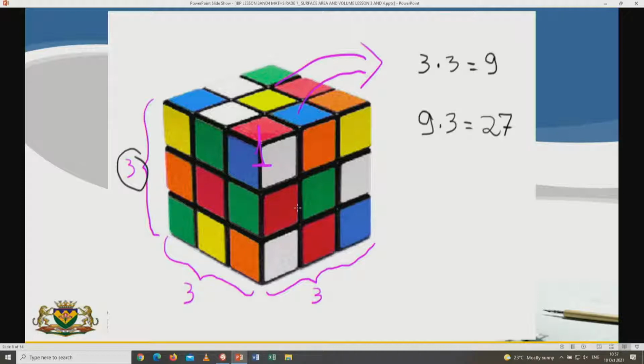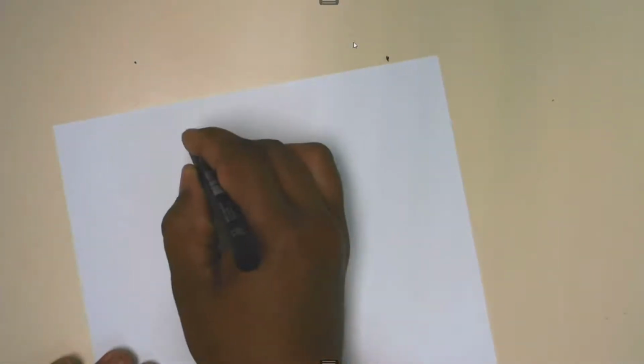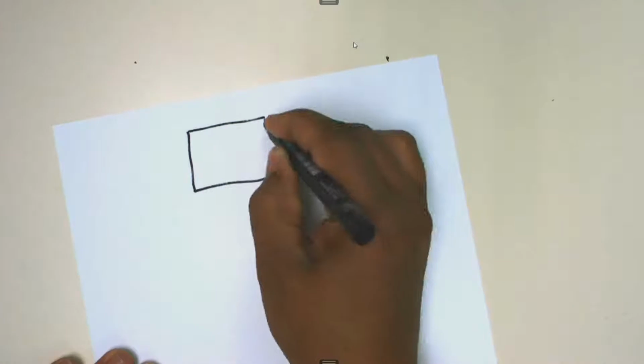And therefore the length, it is 3, and the breadth, it is 3. And remember what we said. We said the area of the base, let me try and draw that.